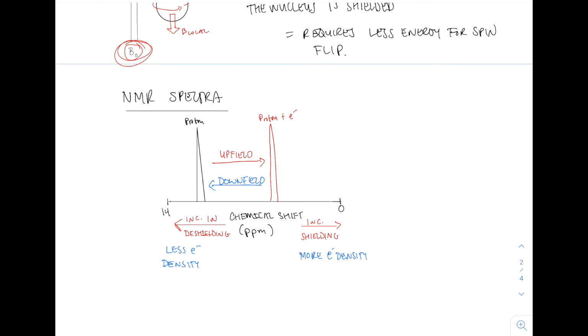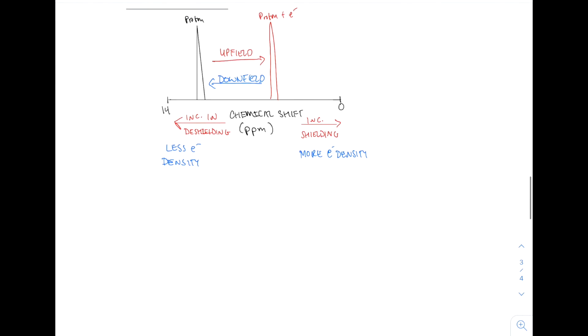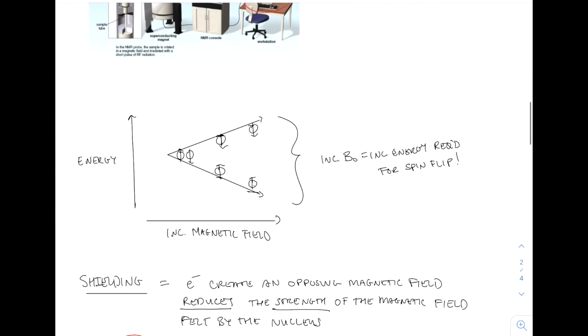And so this will make more sense as we do more and more examples, but let's take a look at that chemical shift and what that really means. So chemical shift is basically the position in which the nucleus absorbs. So that would represent the energy, right?